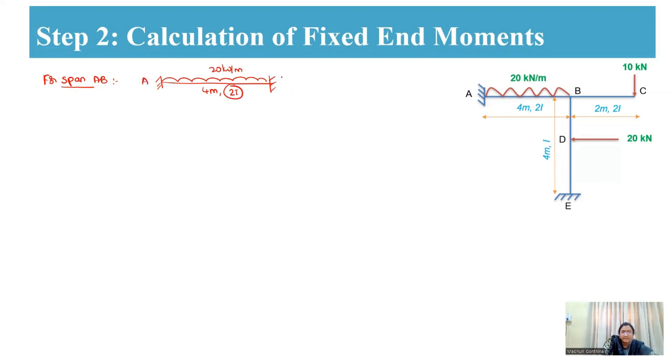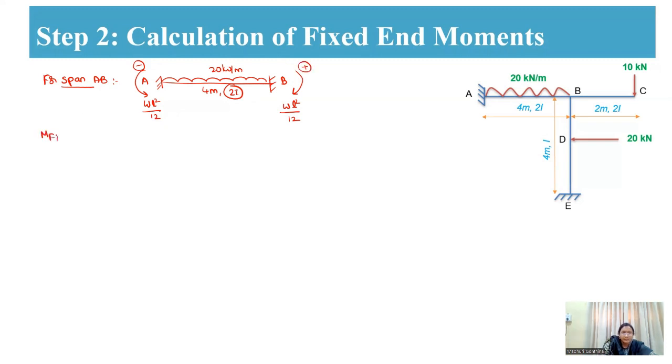This is A and this is B. At A support and at B support, these are the fixed end moments, WL square by 12 and WL square by 12. Here, as it is in anti-clockwise direction, it is negative sign convention. At B end, it is clockwise, therefore it is positive.